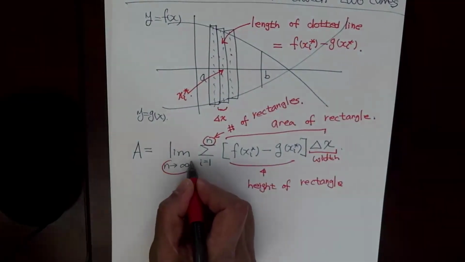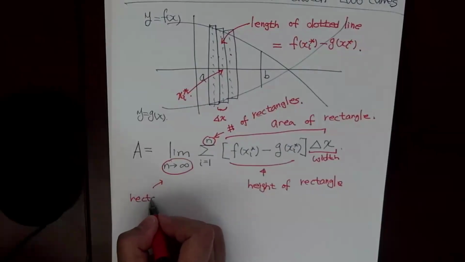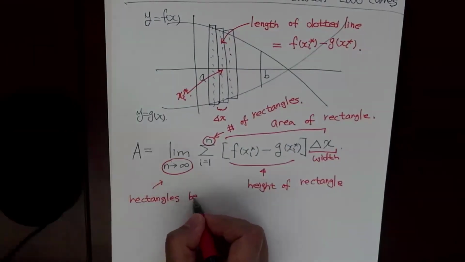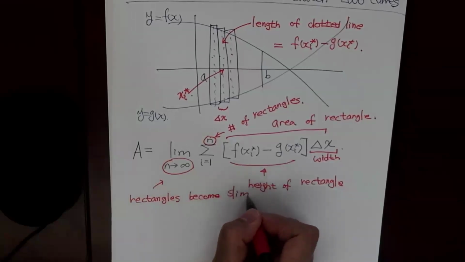So as n goes to infinity, the rectangles become thinner and thinner, so rectangles become slim.